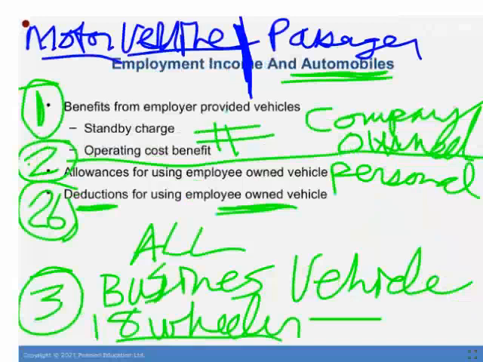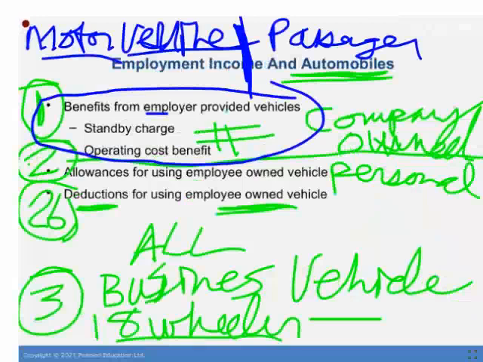Okay, so if we take one step back, on this slide that I scribbled all over here, we have scenario number 1, which is the employer provides the vehicle. When the employer provides the vehicle, then we're possibly going to have to report some income.